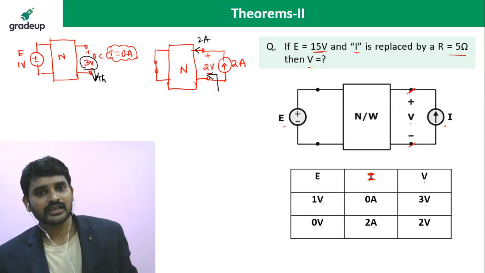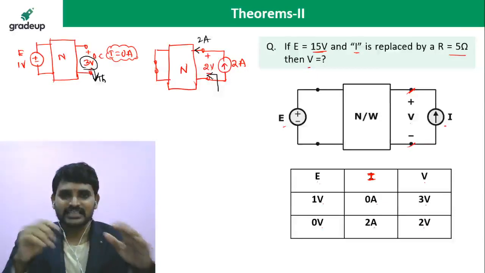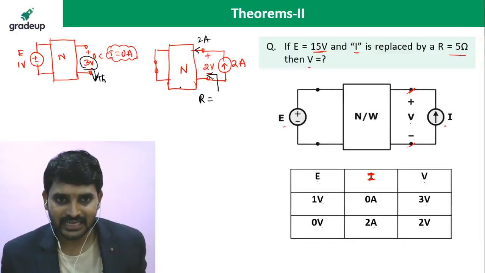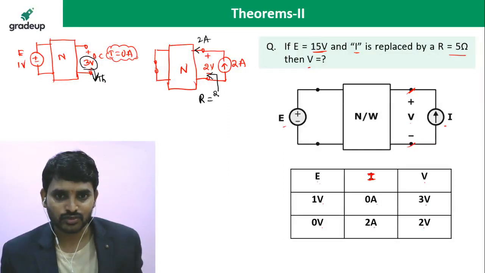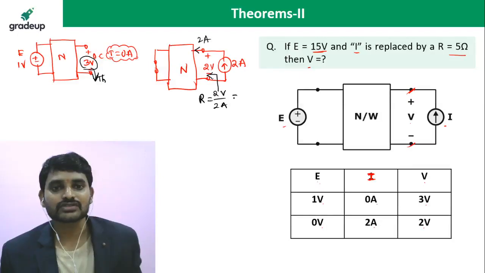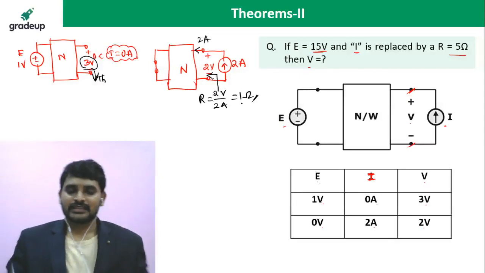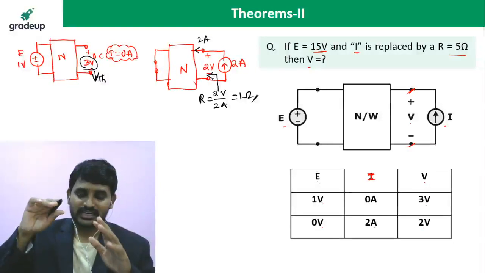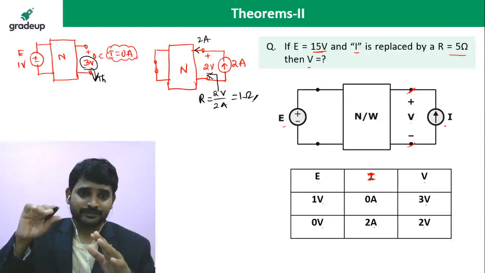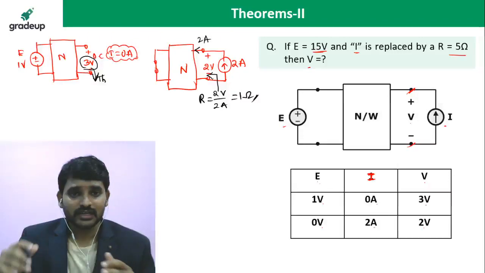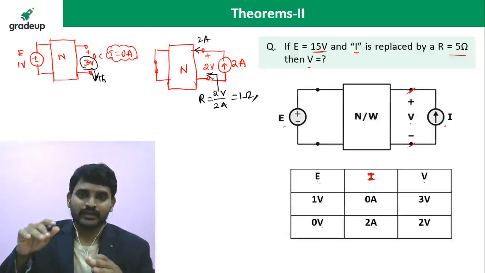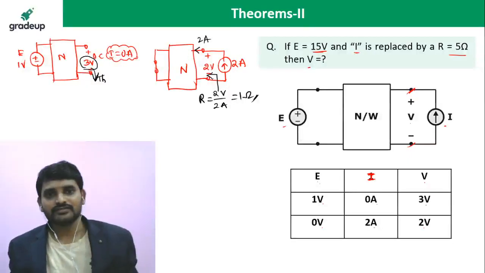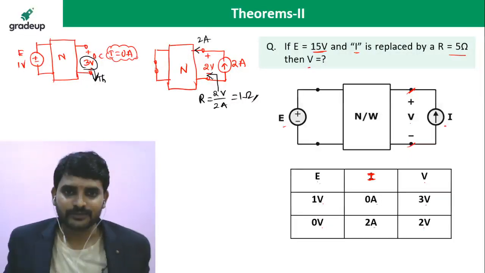That means the entire network resistance is simply 2 volts divided by 2 amperes, which is 1 ohm. The network is capable of having a resistance of 1 ohm. At that 1 ohm, it takes 2 amperes and drops a voltage of 2 volts across the terminals, right?